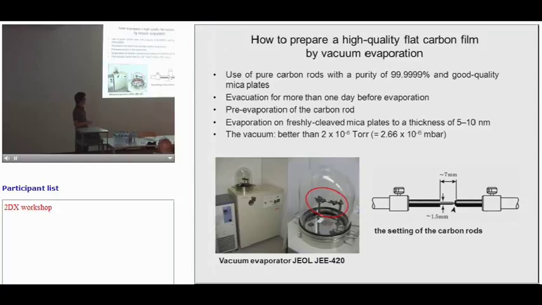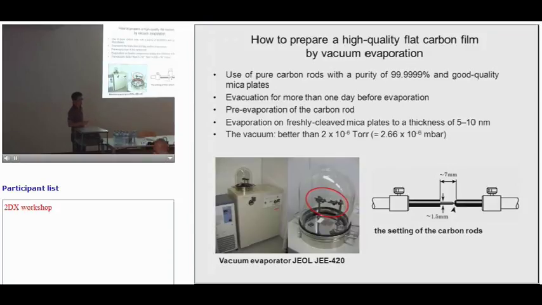We sharpen one end of the carbon rod to about 1.5 millimeter in diameter and 7 millimeter long. Then the carbon is evaporated without setting marker plates until a carbon cloud is formed on the tip of the carbon rod.